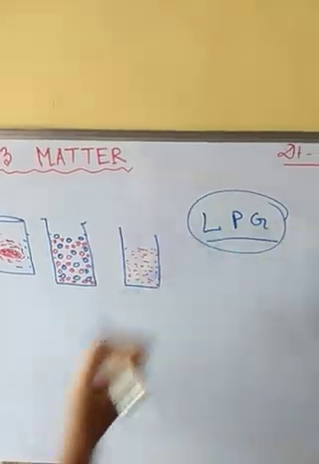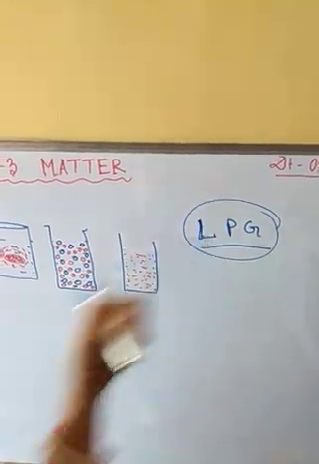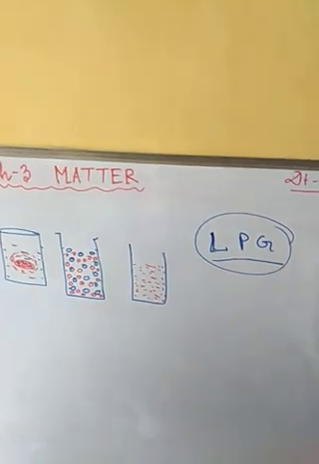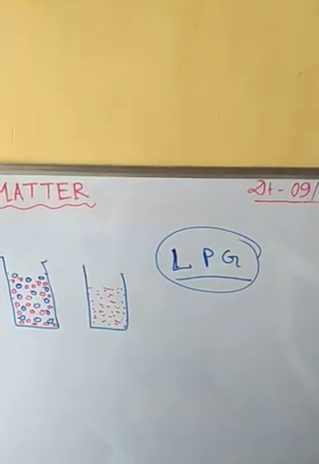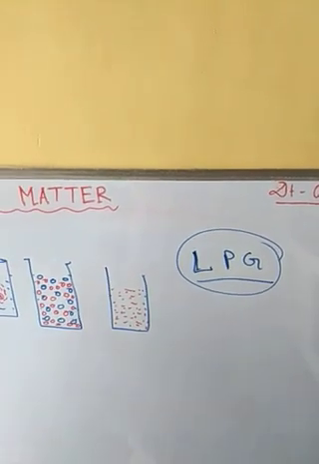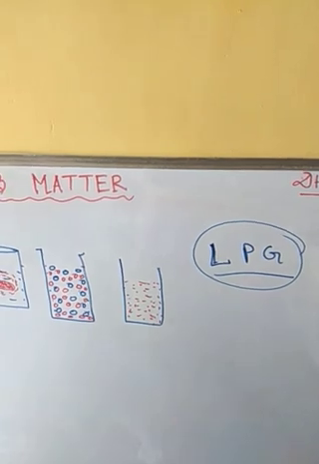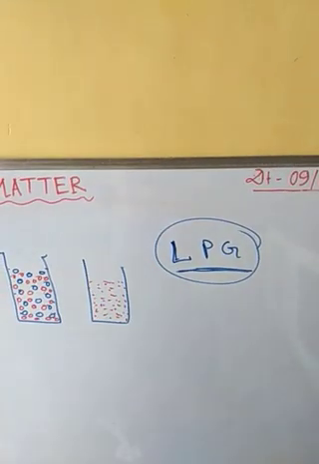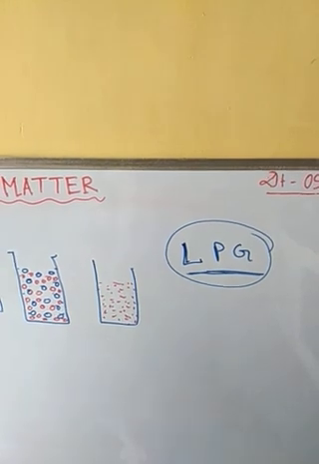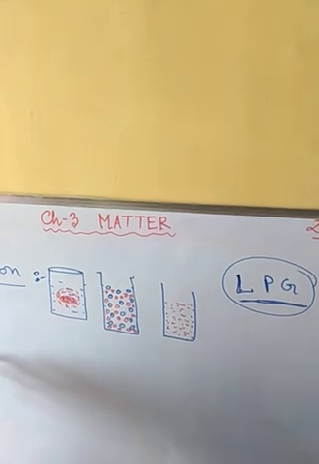This has a strong smell. LPG gas does not have its own smell as such, but because of the mixing of this substance, we get a strong smell from the LPG gas, and if any leakage is there, we can detect it easily. So all these are examples of diffusion.